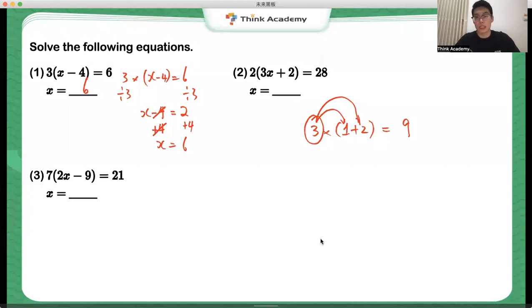That's what we call the distributive law, because I am just distributing the 3 to all the terms inside the brackets. So I have 3 multiplying 1, adding, so the adding comes from there, 3 multiplying 2, which is also 9.